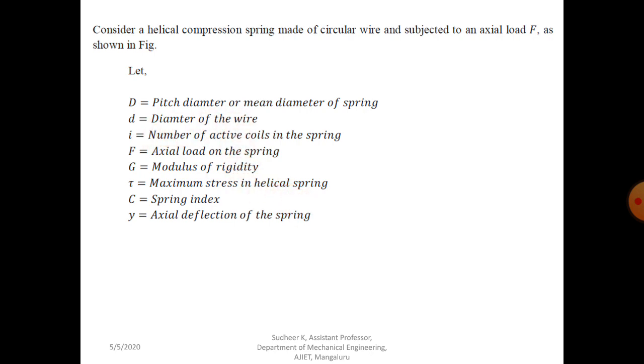How do we find the torque? Torque is given by T equals F into radius, where the radius is the mean radius of the coil, so T equals F into D by 2. Now if I write the torsion equation for the spring wire, shear stress is always induced in the wire.